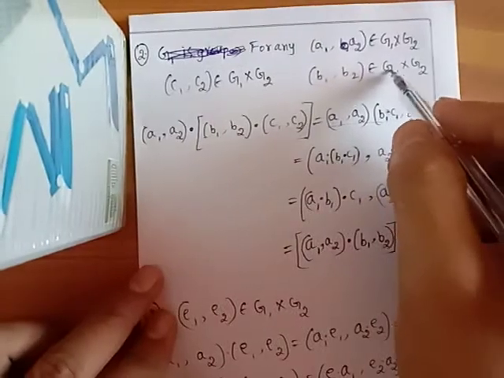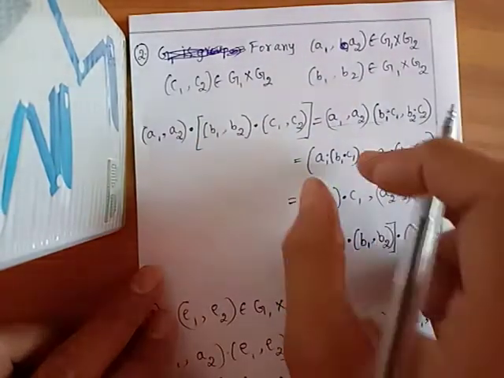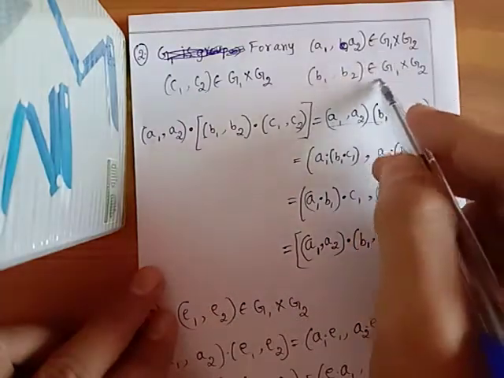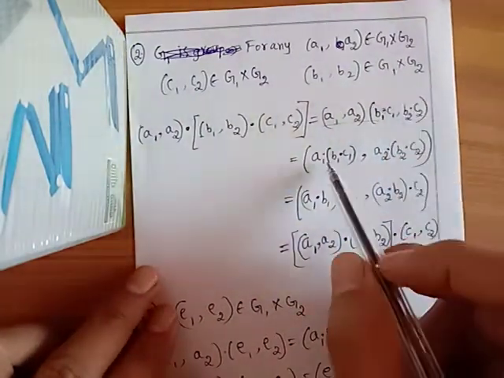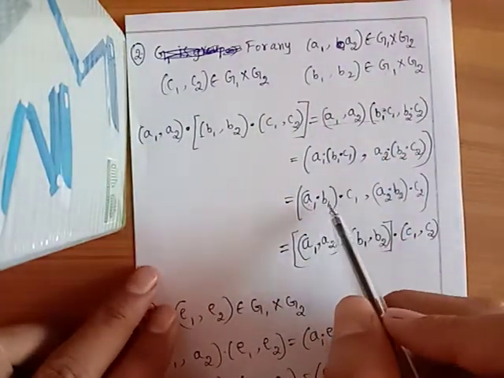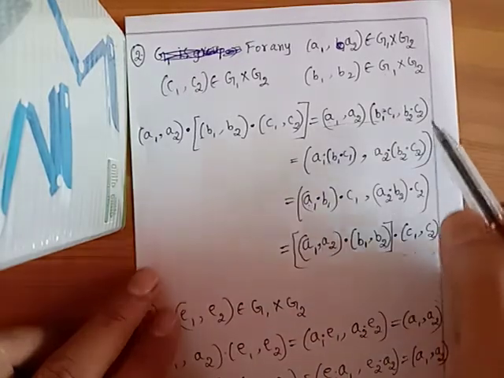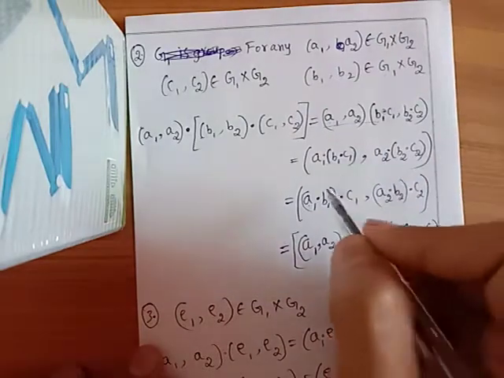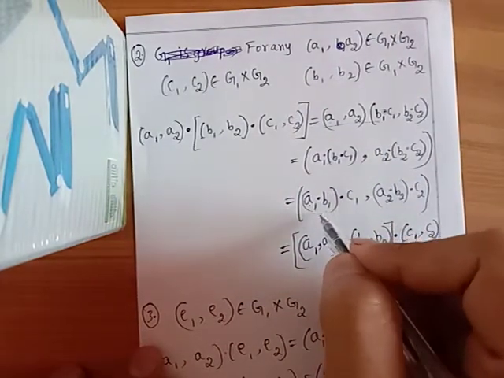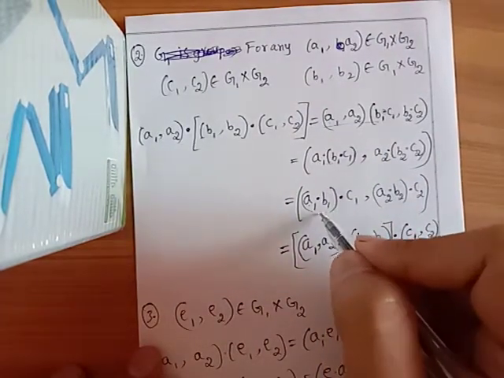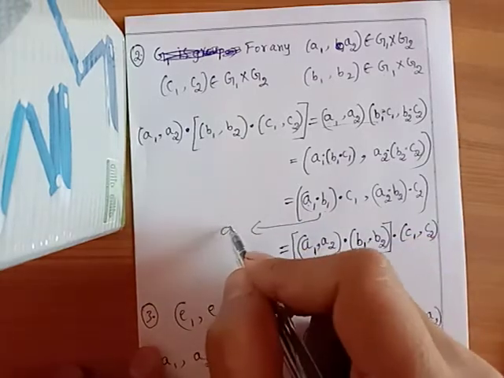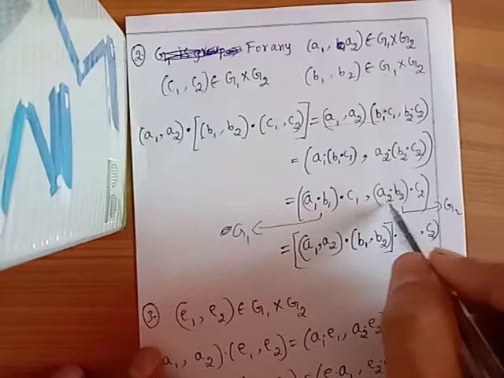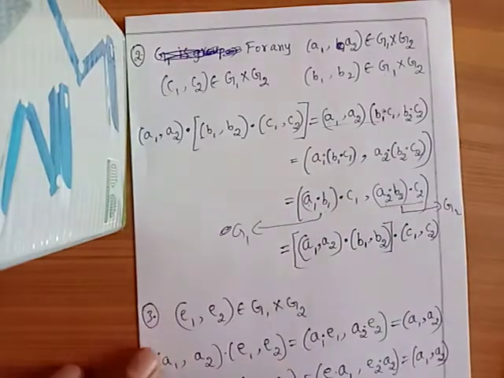In G1 the associative property holds, so A1 into (B1 into C1), and the associative property also holds in G2.